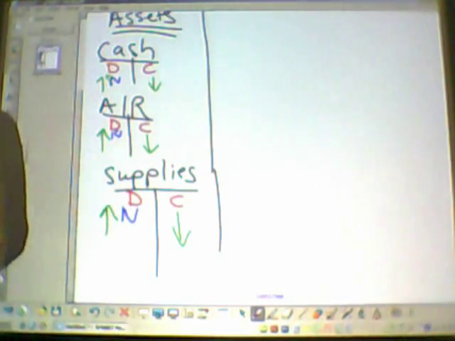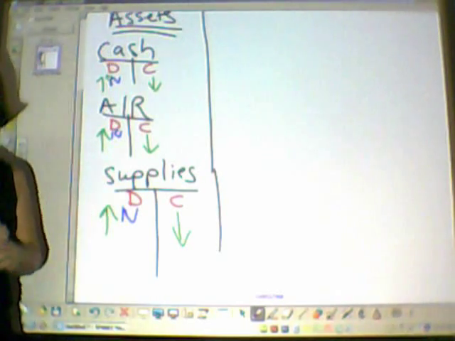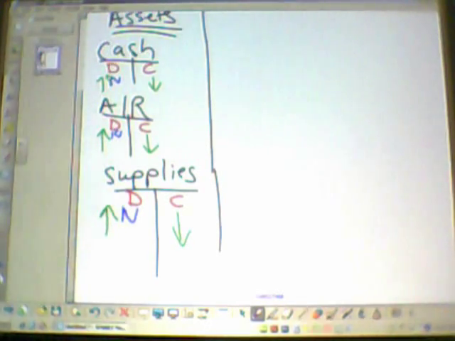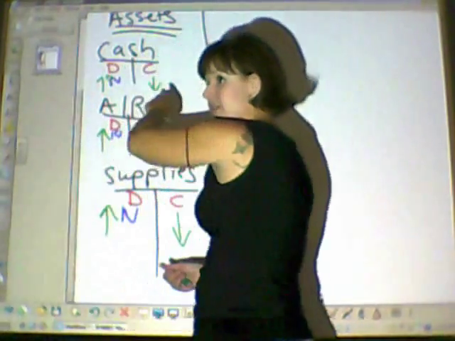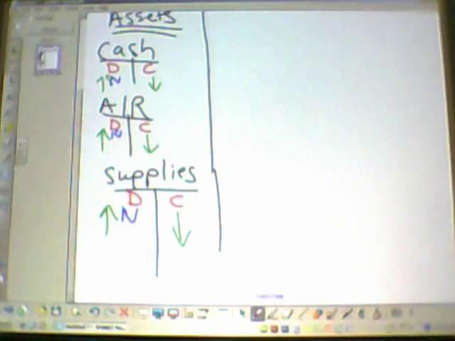So if I say put $500 in the cash account, you need to put $500 on the debit side. If I tell you to take $500 out of cash, you need to take that off of the credit side. Understand the difference between what increases the account and what decreases the account. Okay? Now, those rules apply for assets.